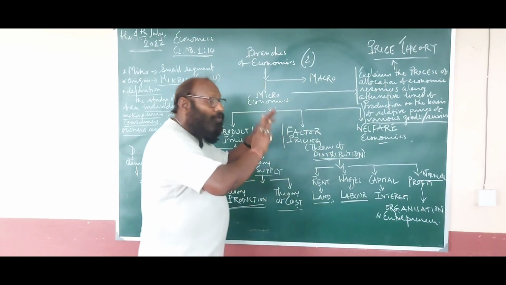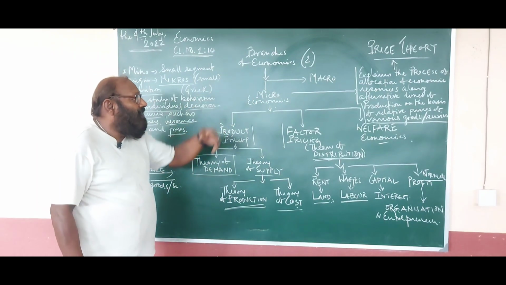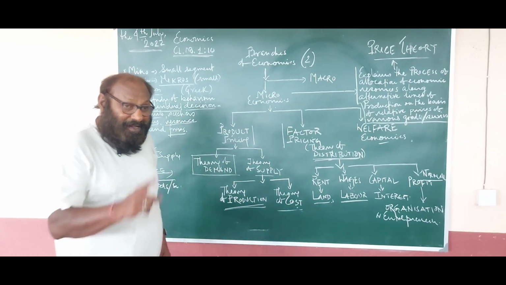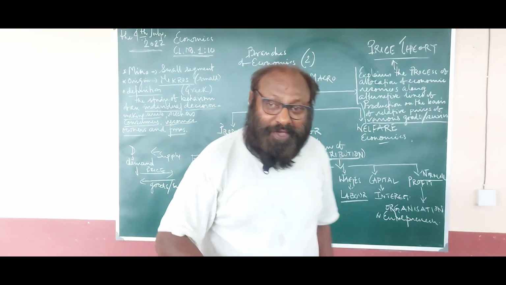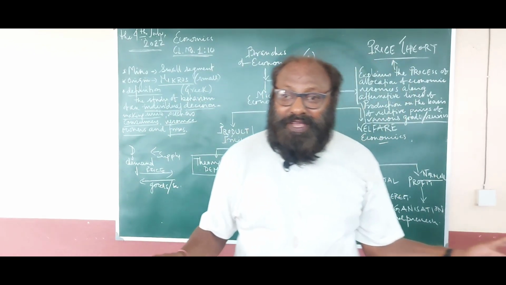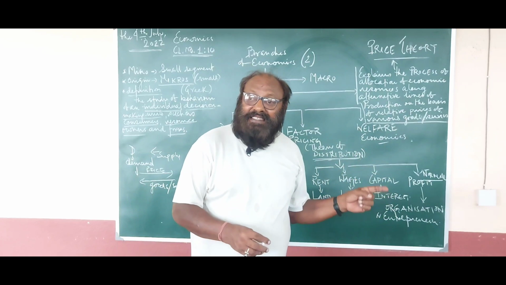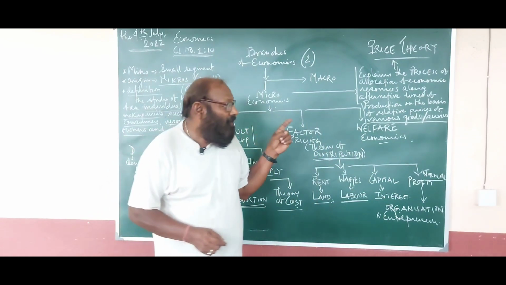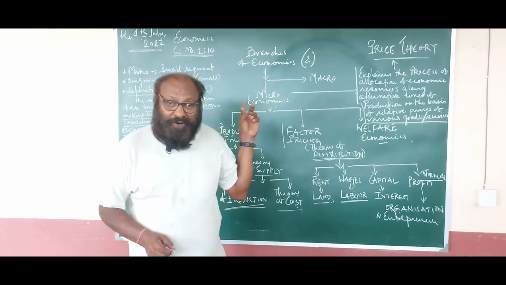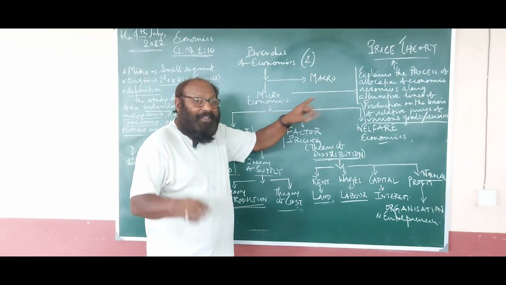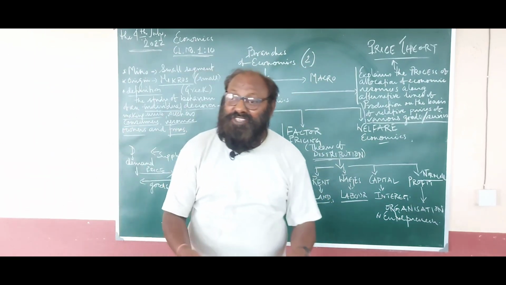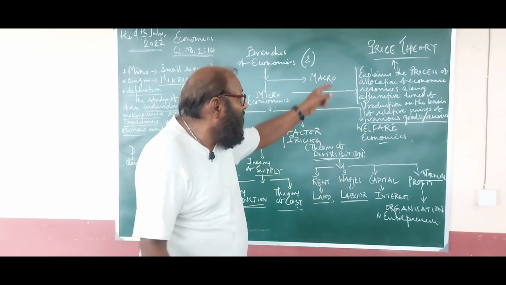So today's discussion is the second section on the branches of economics. I have already told you economics has got two branches, as Ragnar Frisch has said, microeconomics and macroeconomics. Macro means largest, comprehensive, that will be taken up tomorrow in class number 3.